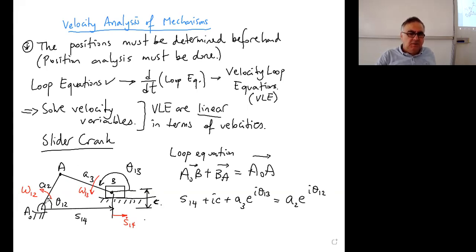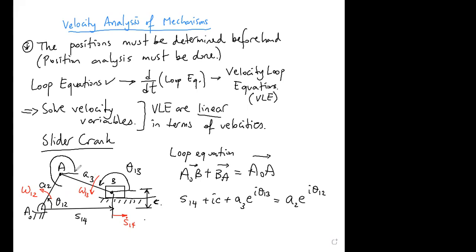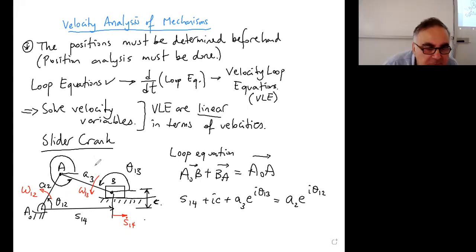If you say A0A plus AB, then you have to measure the angle from here. This must be your theta 13, let's call it theta 13 prime. Theta 13 prime would be theta 13 plus pi.